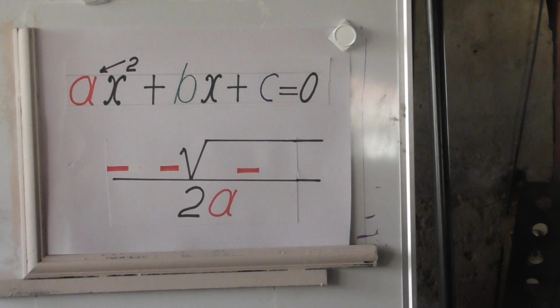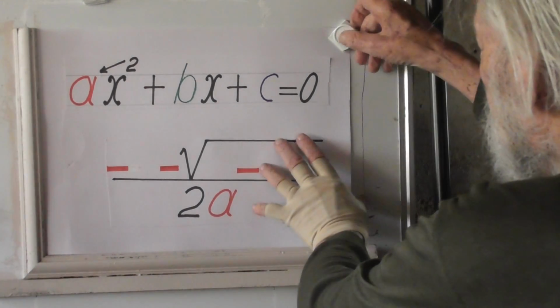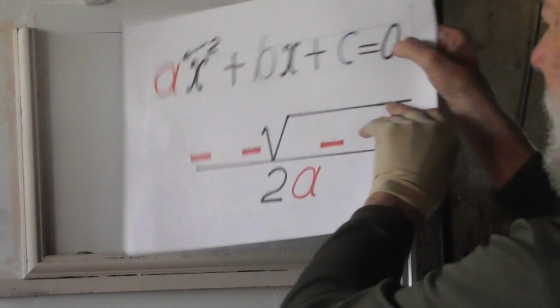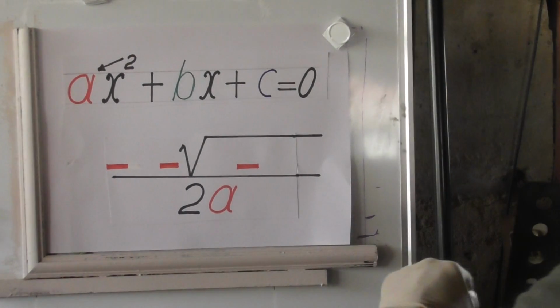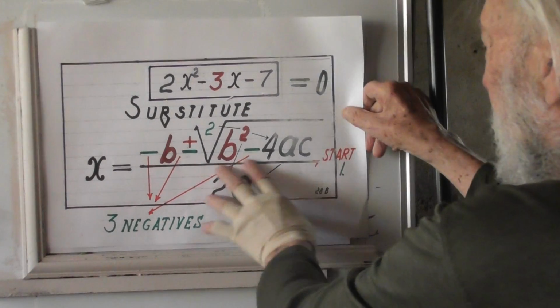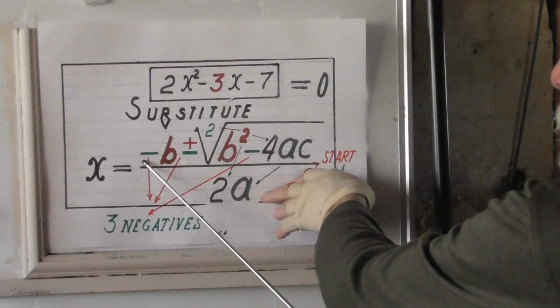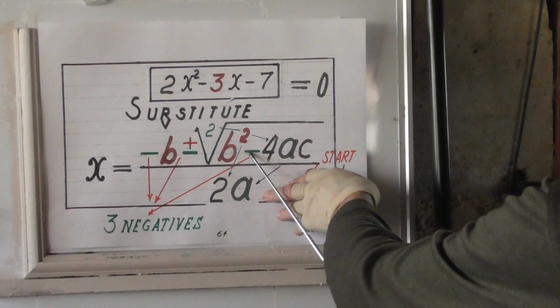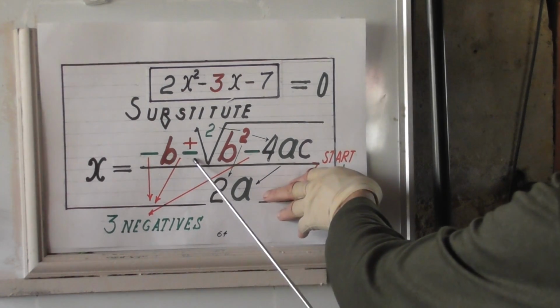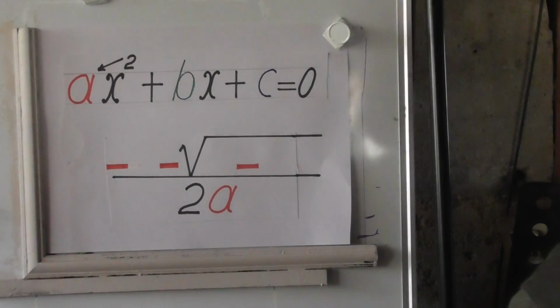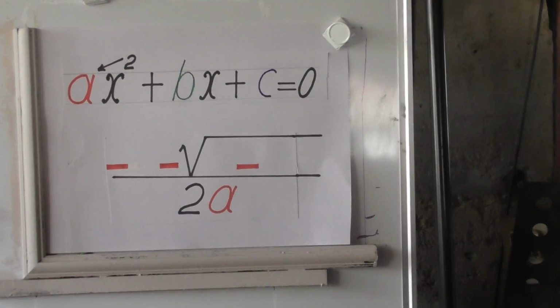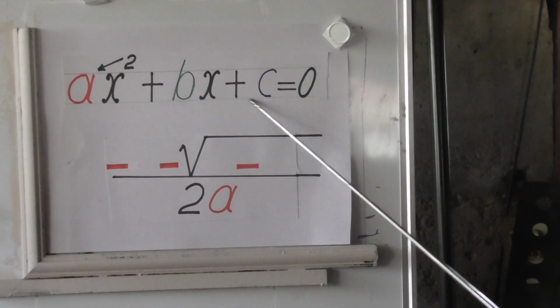Then in the formula we saw three negatives, 1, 2, 3. So that is what we're going to put in when we practice. We know this is the general formula.